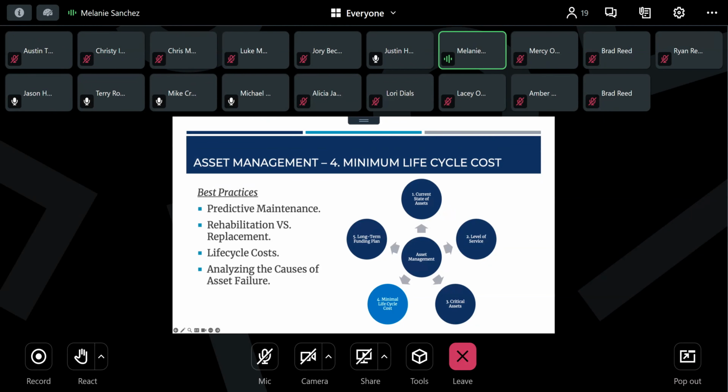Life cycle cost analysis helps us analyze the full life cycle cost, again, particularly with our critical assets. Deploying resources based on asset conditions, ensuring that we're allocating them where they're needed the most, and then understanding the root causes of asset failure. They all help us to develop specific response plans.